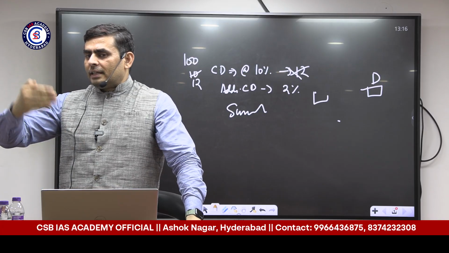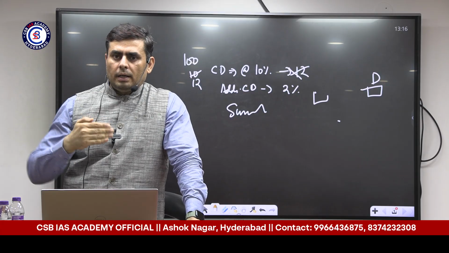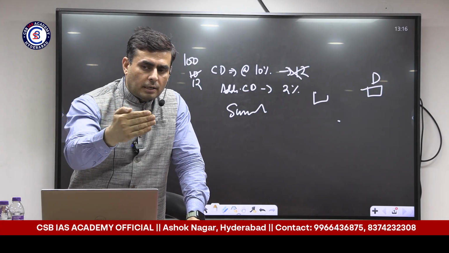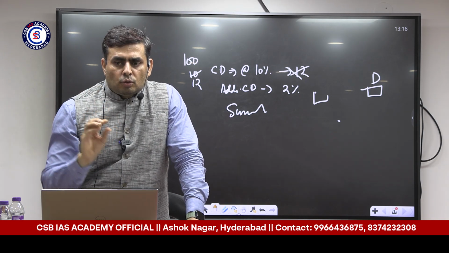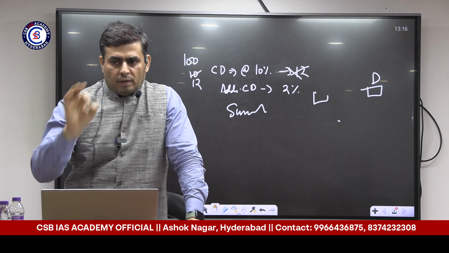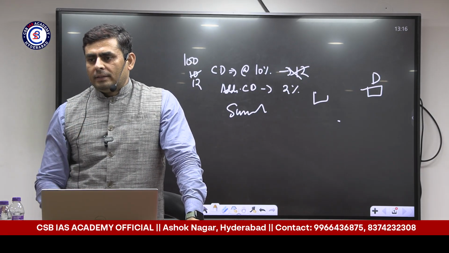So if you see the spending behavior in this part of the country and that part of the country, people spend more likely on goods which are going to have a depreciating value. Mobile phone, laptop, any electronic device, car.